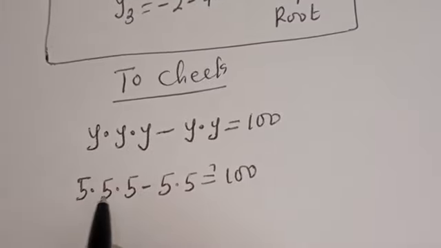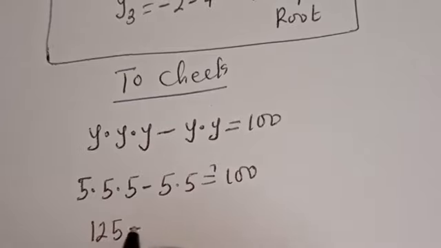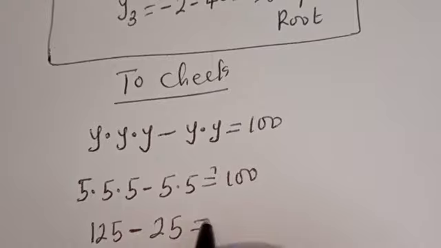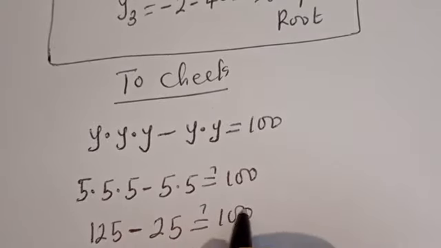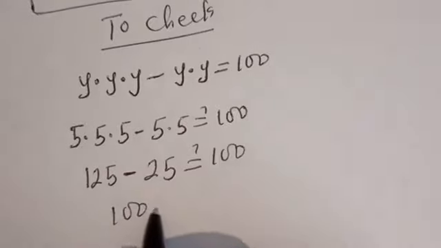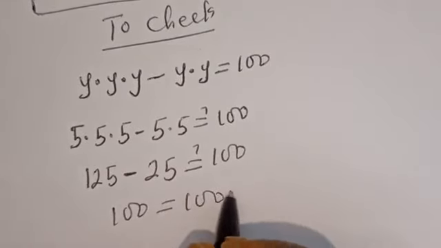Then 5 times 5, 25. 25 times 5, that is 125. Minus 5 times 5, this is 25. Must be equal to 100. Here, 125 minus 25, this is 100. Is equal to 100, which is true.